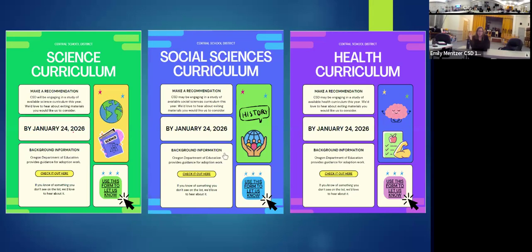And then in the lower, I think that's right-hand corner of each of those, the little colorful button that says something like, let us know something. It clicks to a link to get to a survey. And what a community member could do is click on that link, and the button says, use this form to let us know. And it'll open up a survey that says, do you know of any good materials or anything that you'd like us to look at?